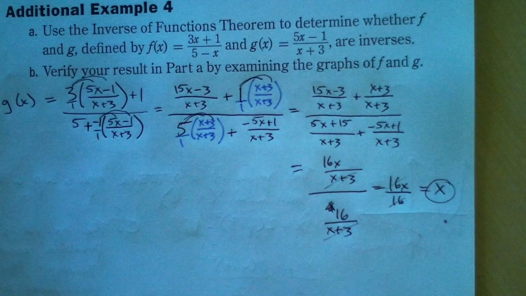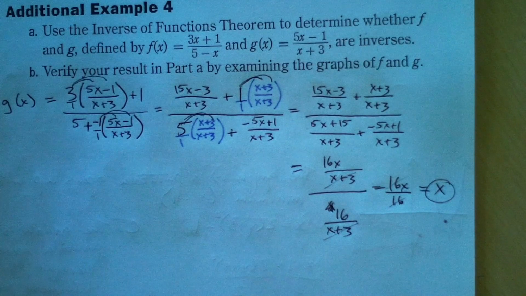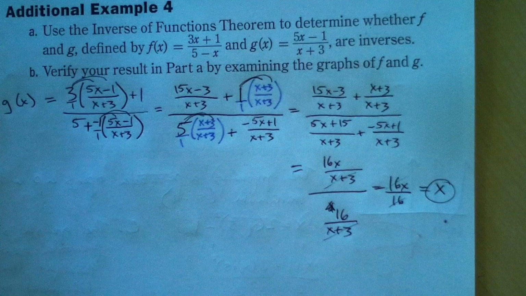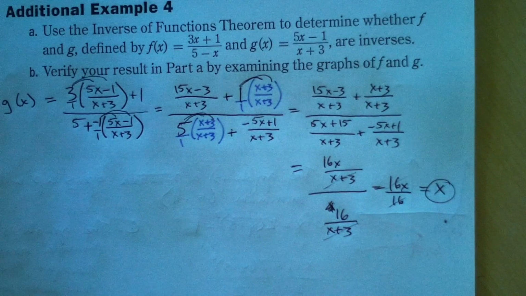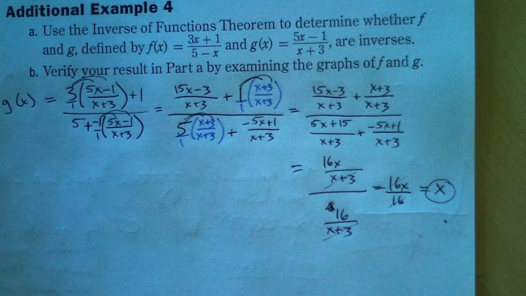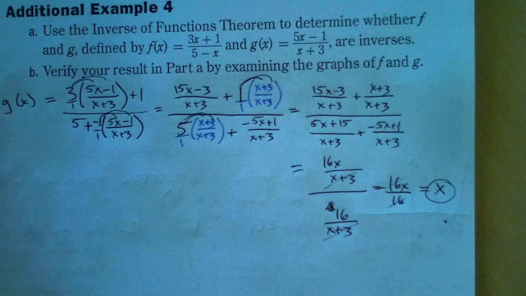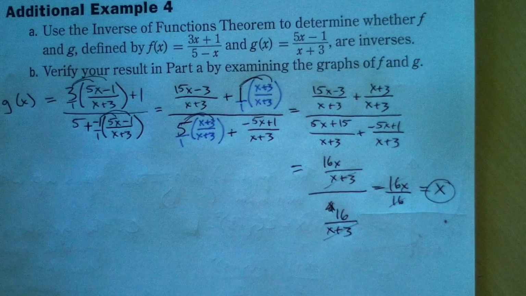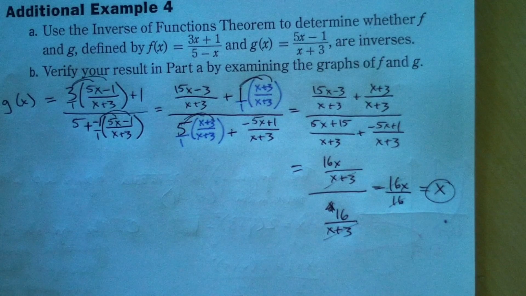Same thing. We've got to take that f of x function and put it inside the g of x function. So it's going to be 5, and then instead of the x, we take that fraction and put it in there. So 5 parentheses 3x plus 1 over 5 minus x.